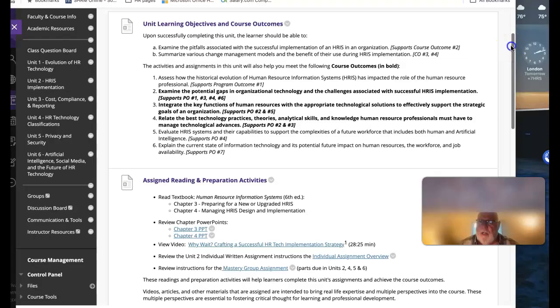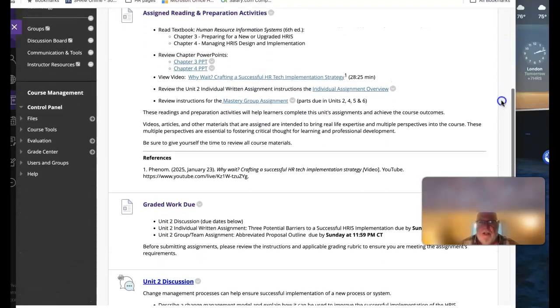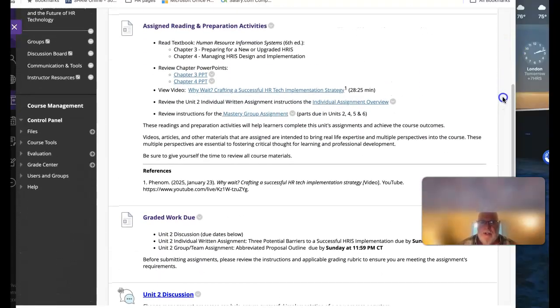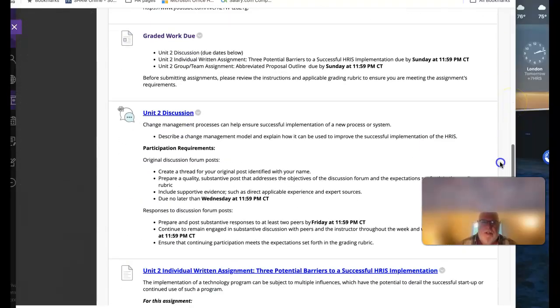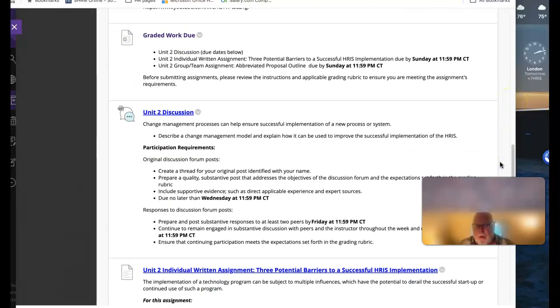We're going to look at the assigned readings and prep activities. There are some videos and some other reading that you'll need to do, as well as chapters 3 and 4 in the text. The discussion is where we're talking about change management. So one of your models, good, bad, and different, is how you can use that to improve the implementation process.